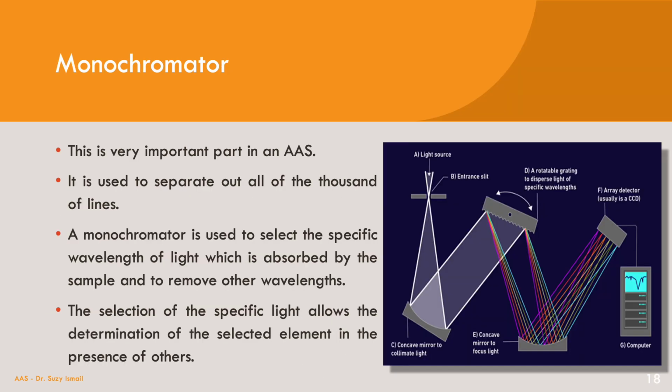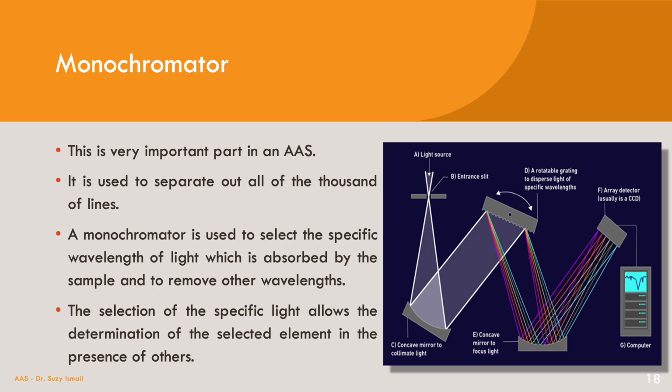Next, monochromator. The monochromator is basically similar to the one that we've learned in UV-Vis. It is a very important part in AAS as well, because it is used to separate out all these thousands of lines of light coming from the flames just now.